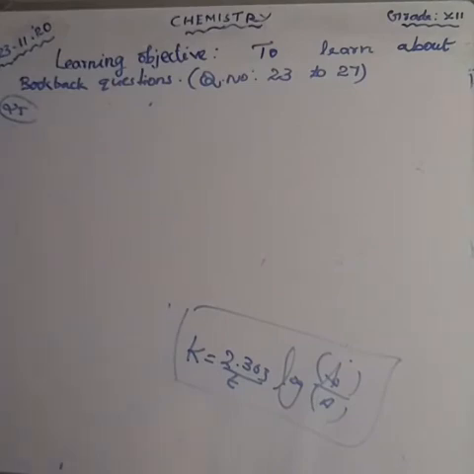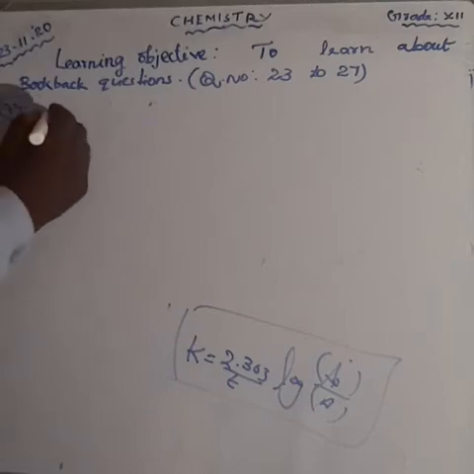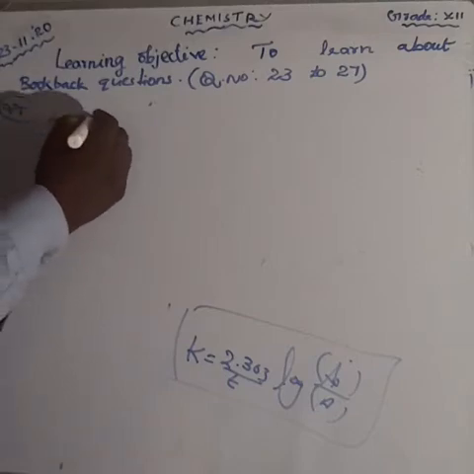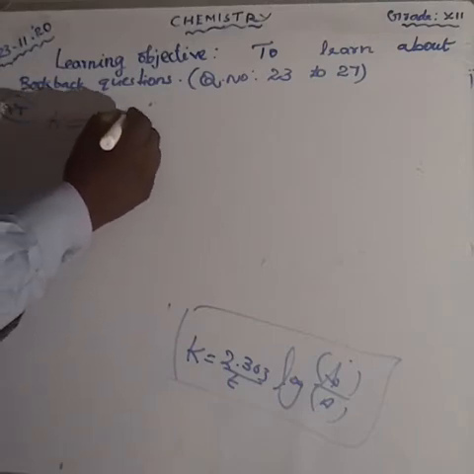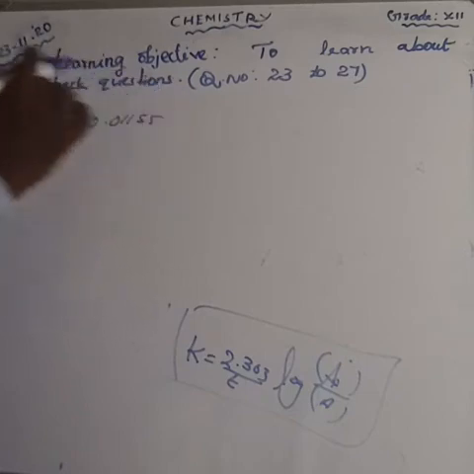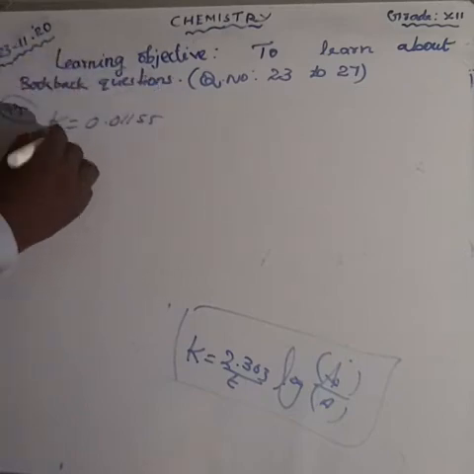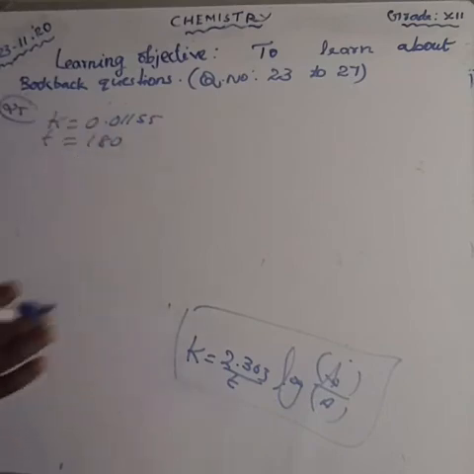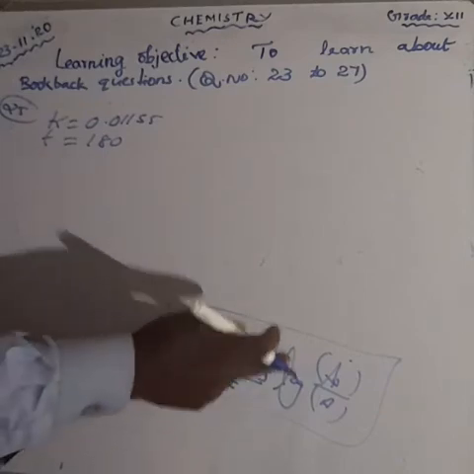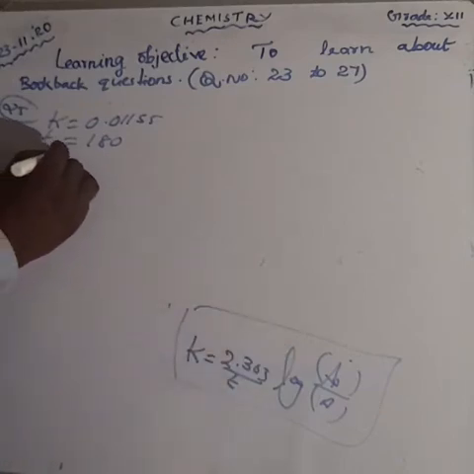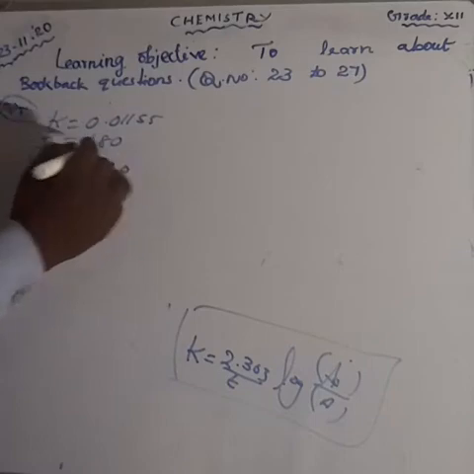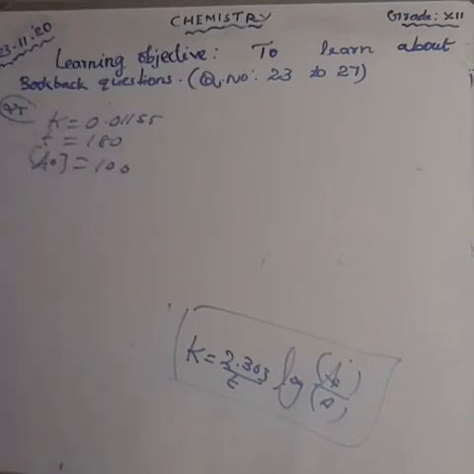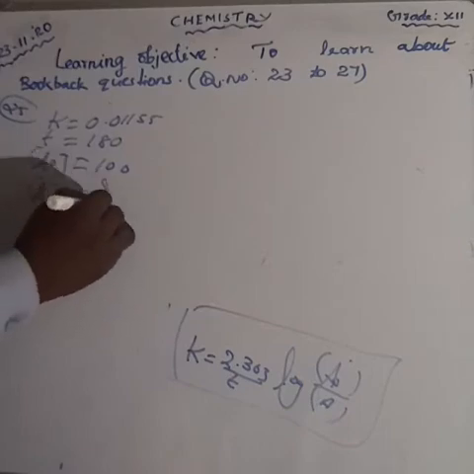K is equal to 0.01155. And T is equal to 180, that is also given. And A naught we already know, 100. So we should be calculating A. A is equal to question mark.